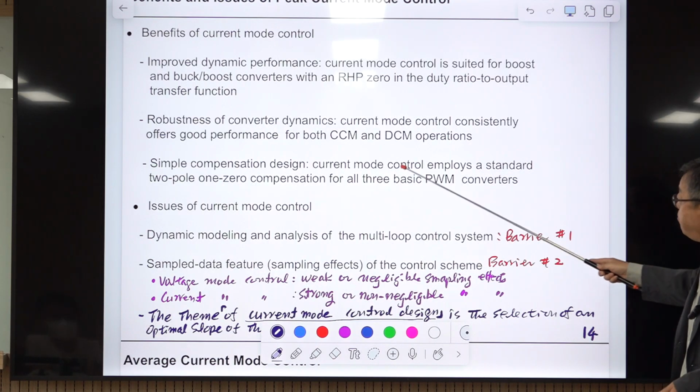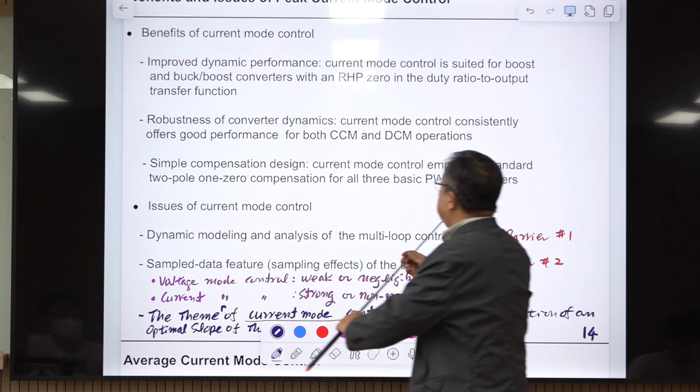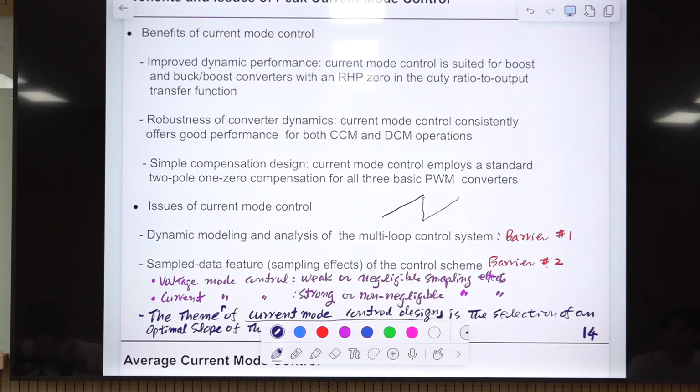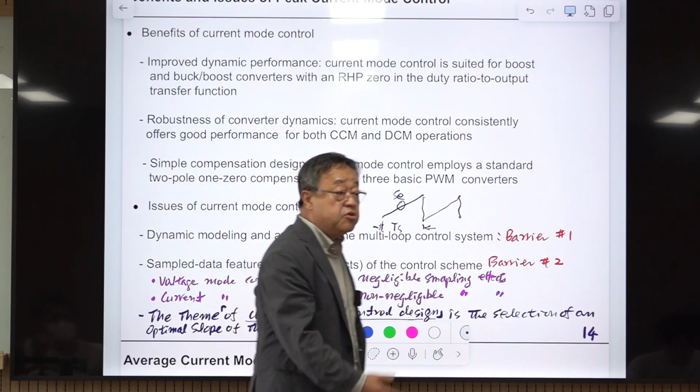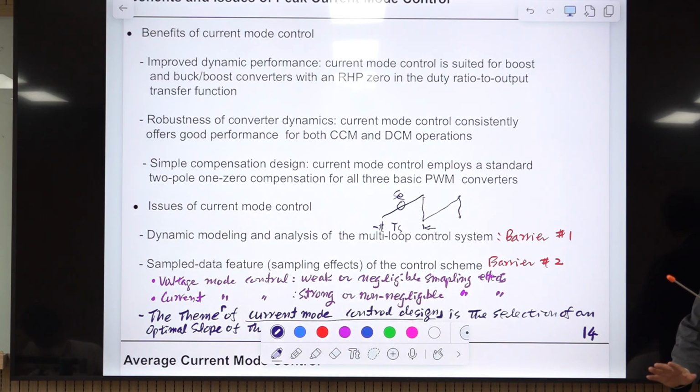Of course, you have the ramp signal, but this ramp is fixed. The period is fixed, known in advance, and the slope is fixed. Everything is known, so this can be considered a constant or linear line segment, a continuous signal. So there is a sampling effect, but it is very weak and was totally ignored in the past for voltage mode control.